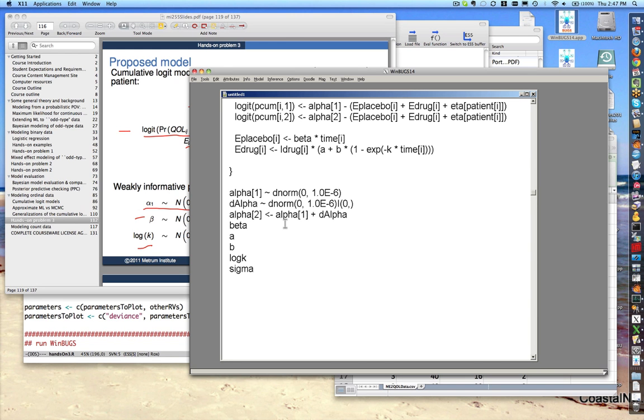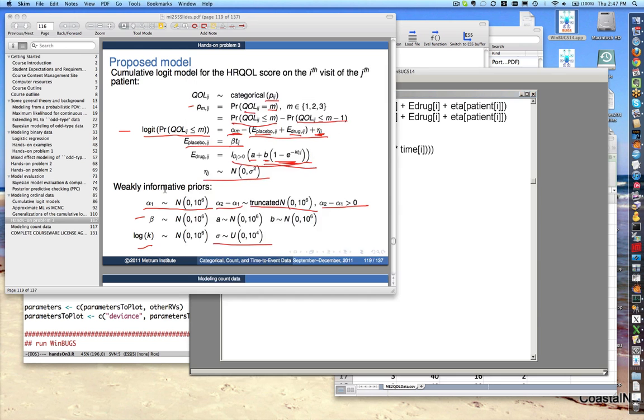Okay. So anyway, so in these we can do real quick and dirty because I can just grab this guy over here, copy it. Except for that one, which I said was going to be uniform. It's just dunif 0, and I think I said 10 to the 4th, didn't I? Yeah.